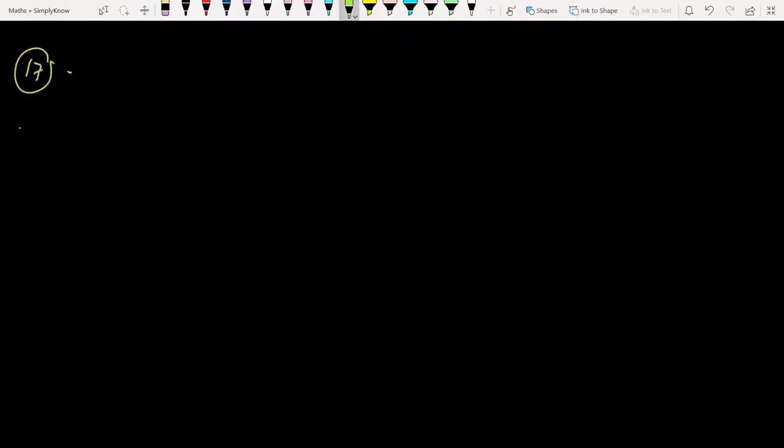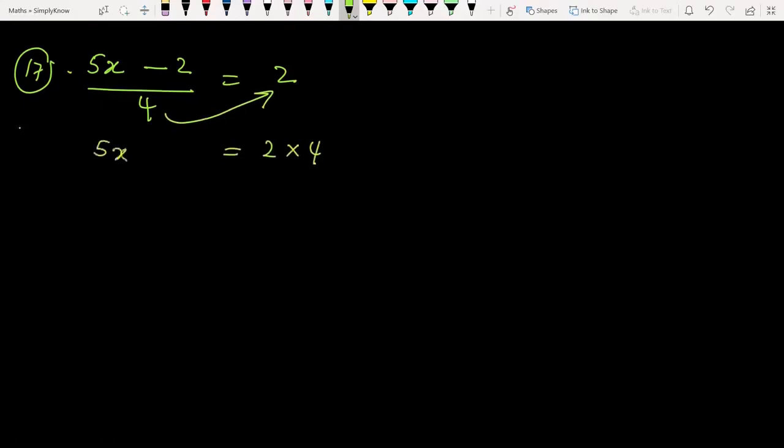Okay, 17th equation is 5x minus 2 over 4 equals 2. So what I do is I send this division 4 to the other side. So it will become 2 times 4. And the left side what we have is 5x minus 2.